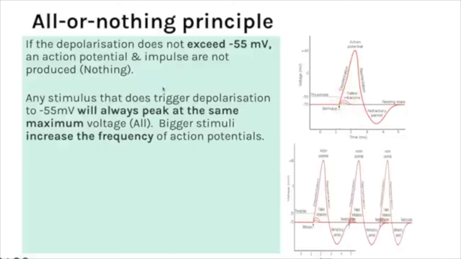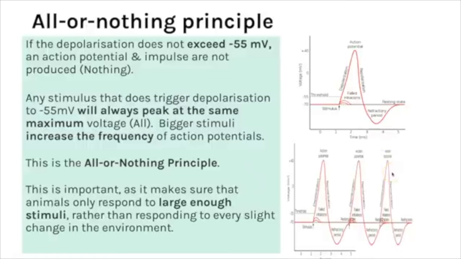The all part of the principle is the fact that if you do exceed that threshold, then you will always have an action potential, and it will always peak at exactly the same point. So even if the stimulus is bigger, so brighter light compared to dimmer lights, you will still have the same peak. But what changes is the frequency of those action potentials being generated.